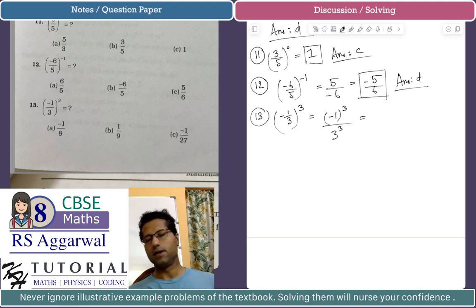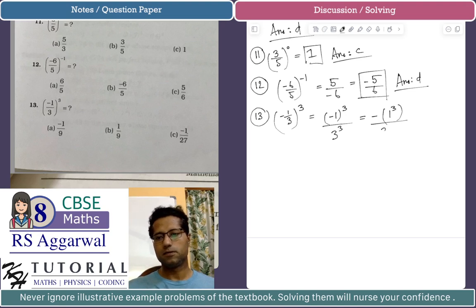Now the numerator, -1 raised to the power 3: the base is negative and the power is odd. So this will be negative of 1 cube divided by 3 cube. This is equal to -1/27. So the correct choice is C.